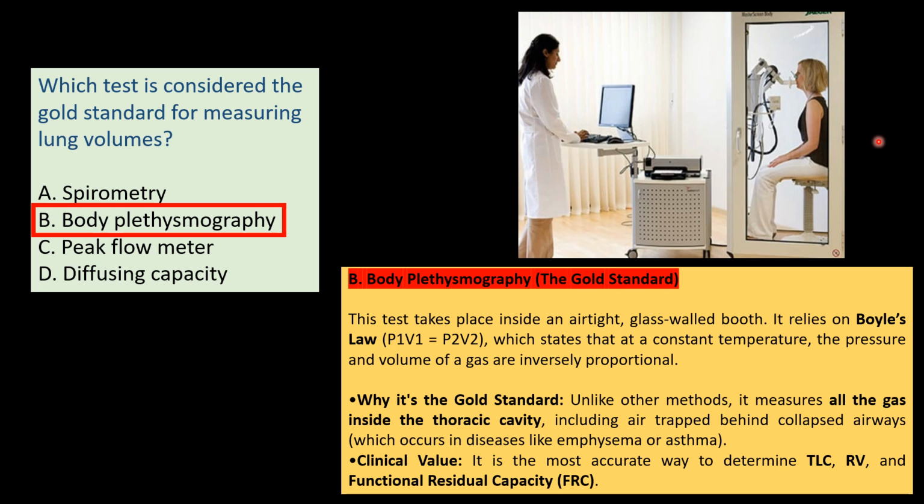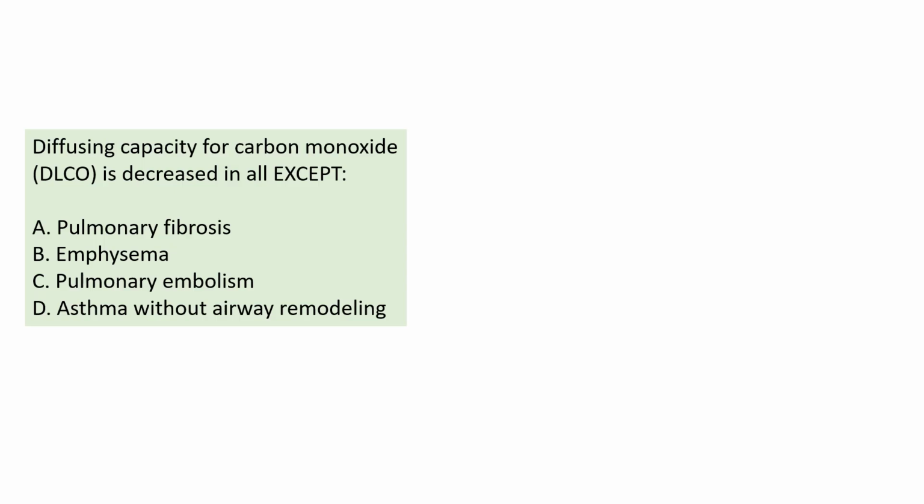It is the gold standard method to identify the gas inside the thoracic cavity. Clinically it measures the total lung capacity, residual volume, and functional residual capacity. Everything you can measure from body plethysmography. Okay, now you are clear. We'll move to the next question.